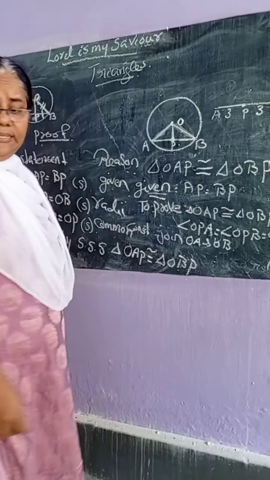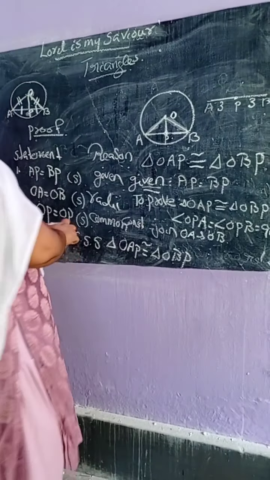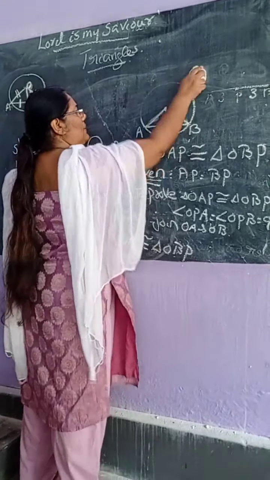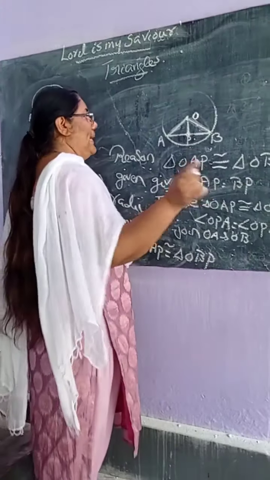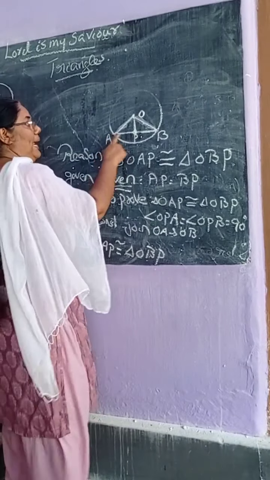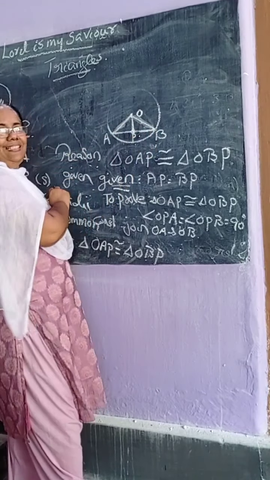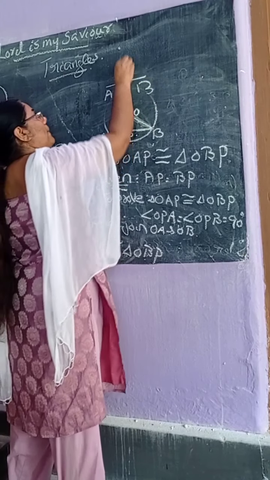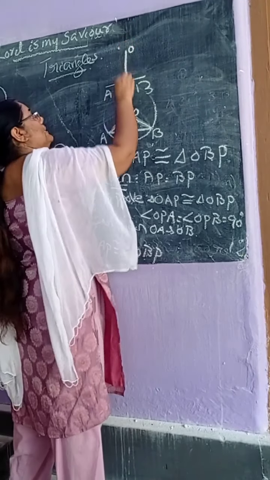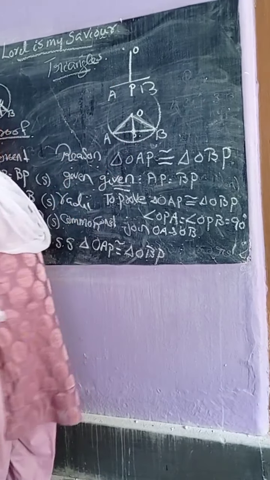And look here, for the second part, AB is a straight line, isn't it? AB is a straight line and OP is the midpoint.